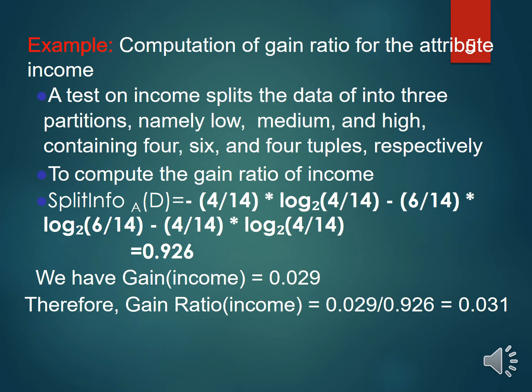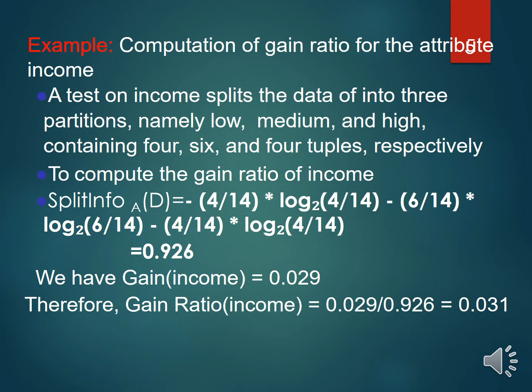For example, we have a computation of gain ratio for an attribute income. A test on income splits the data into three partitions: low, medium, high, containing 4, 6 and 4 tuples.